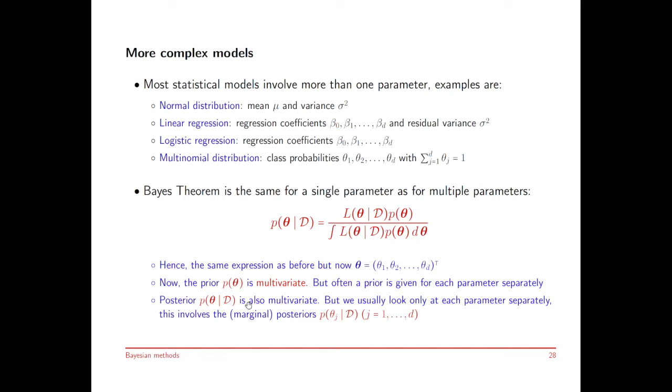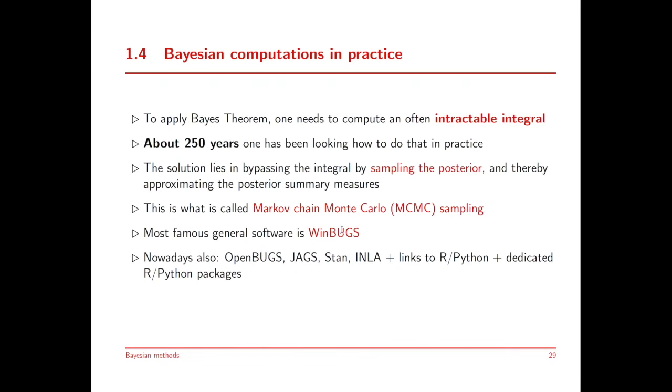But then we can't work with this multivariate posterior. So we have to work with posterior densities of each parameter separately, which again involve integrals. And these integrals can be very complicated. So we see that to apply Bayes' theory, one needs to compute an often intractable integral.